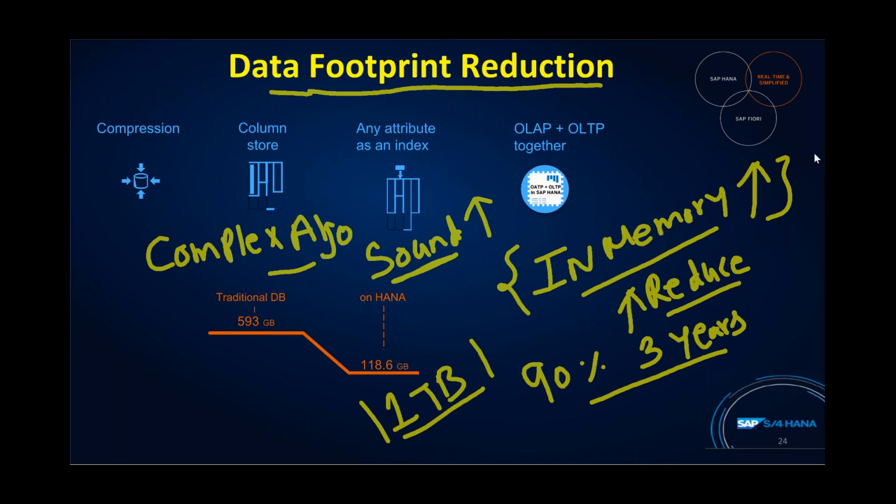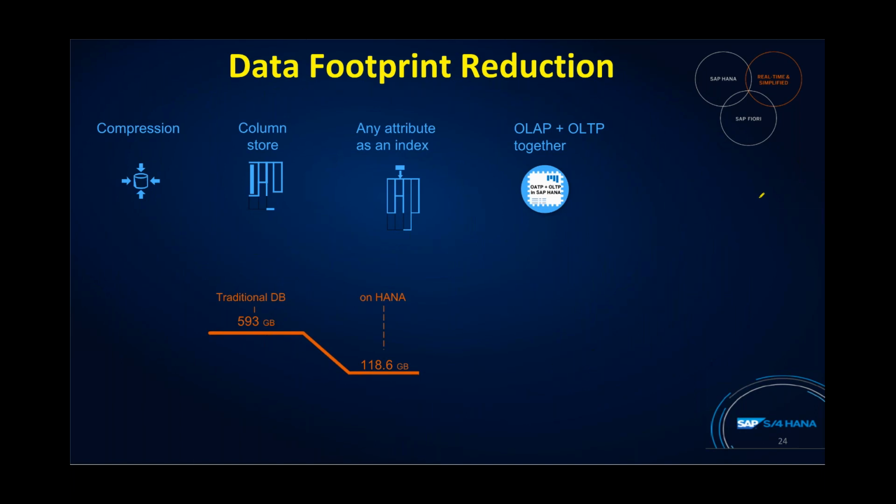Now, how will we be able to reduce our data footprint, and how will HANA help to reduce it? HANA has some key features and capabilities, and out of these, one is compression.